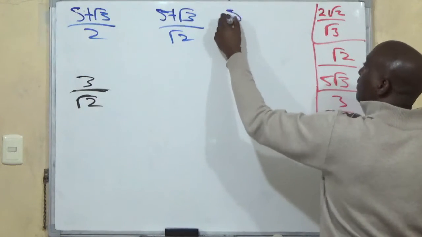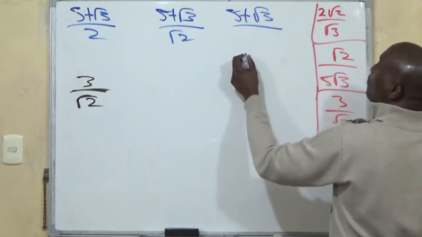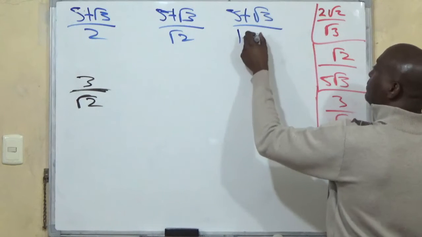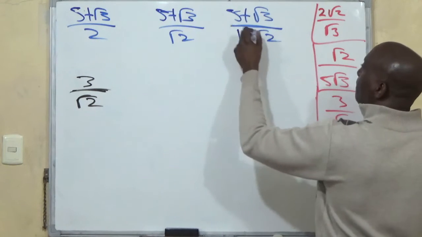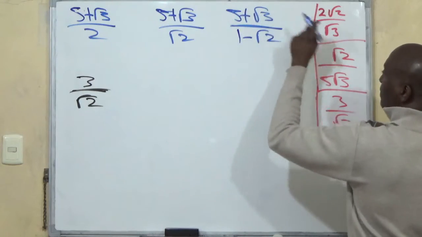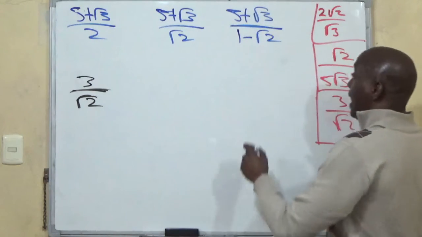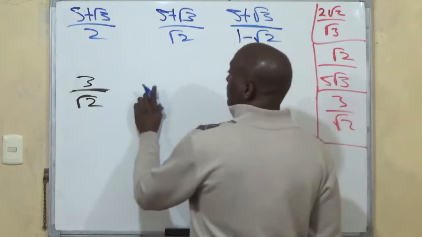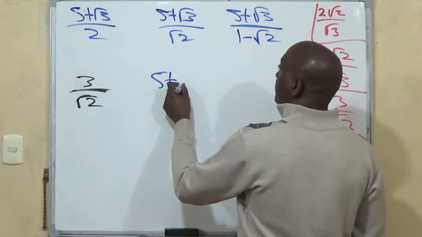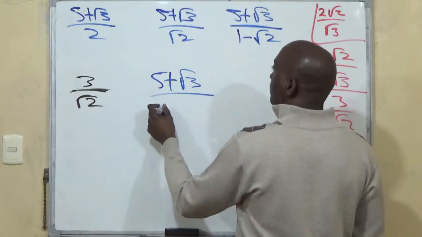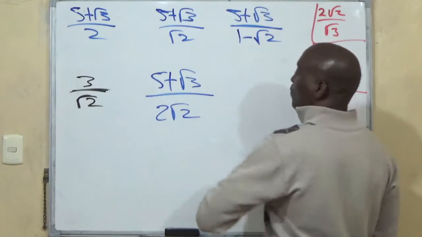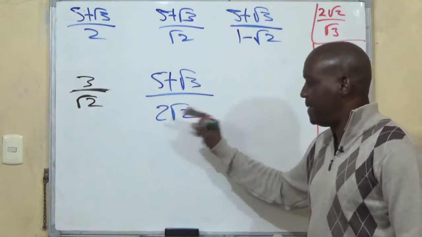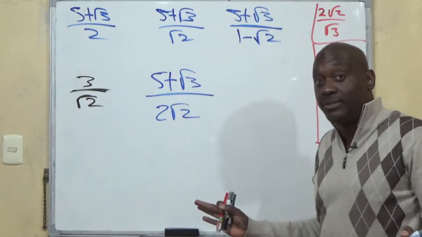Or you could have 5 plus root 3 over, let me say, 1 minus root 2, where you have a compound surd in the numerator and also a compound surd in the denominator. Or you can have 5 plus root 3 over 2 root 2, where you have a compound surd in the numerator and a mixed surd in the denominator. You could have that too.